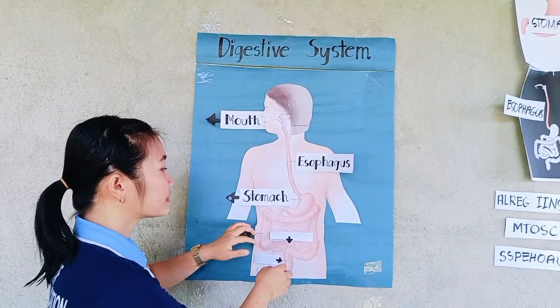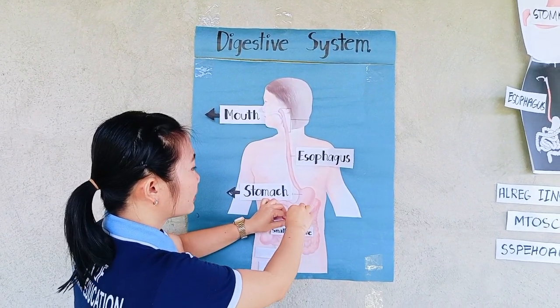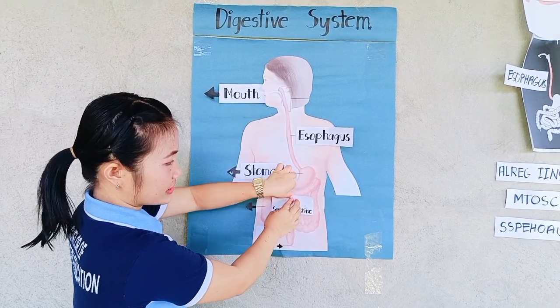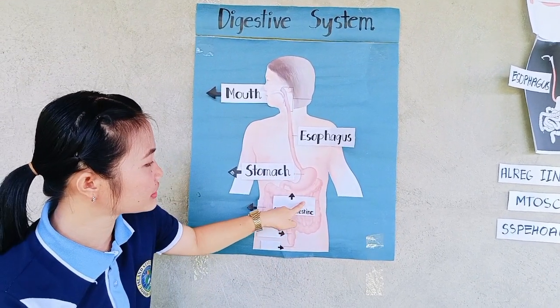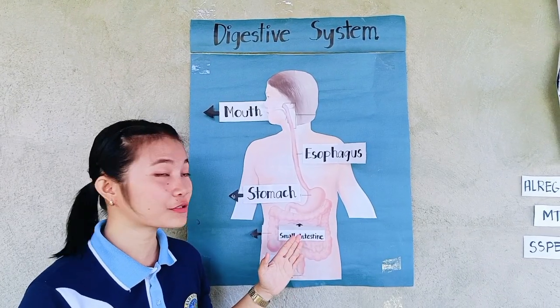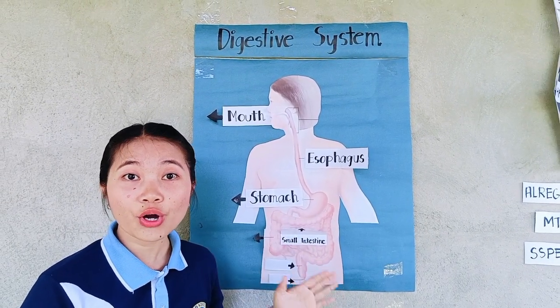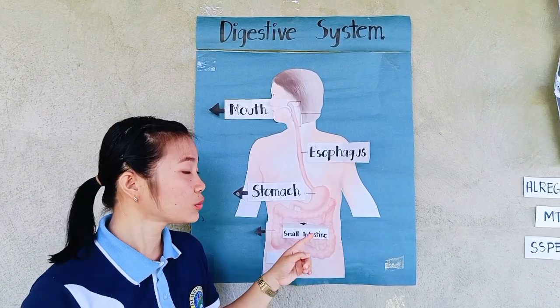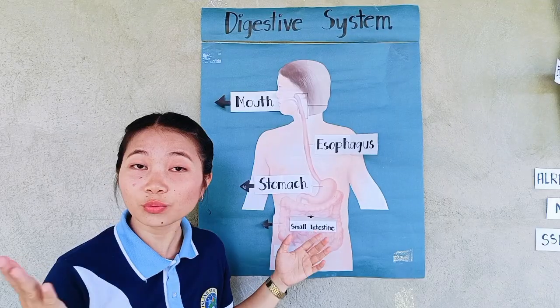And next, the food will go into the small intestine. Here, this is the small intestine, the part here. The function of the small intestine is to turn the semi-solid foods into liquid. And it will what? It will what?